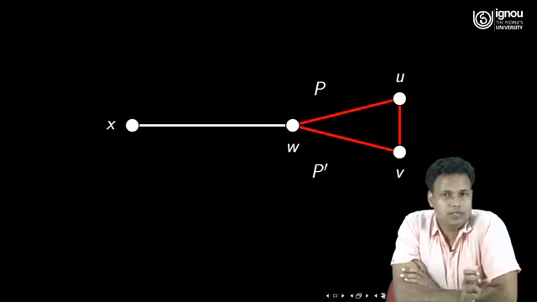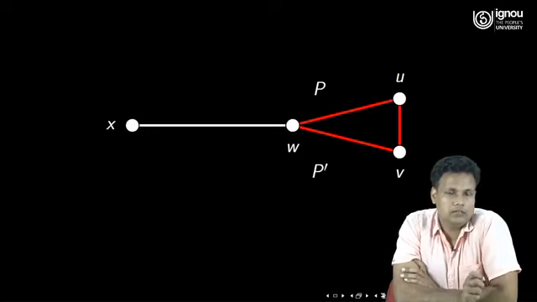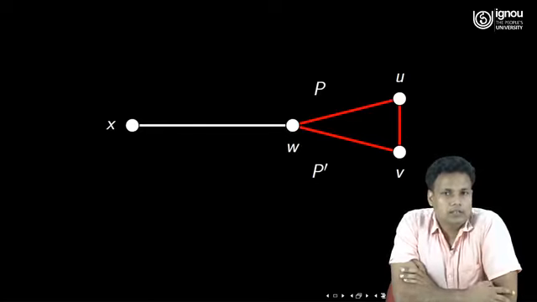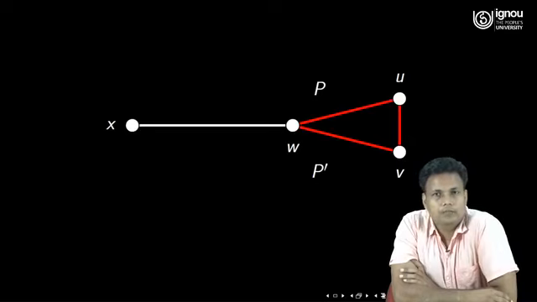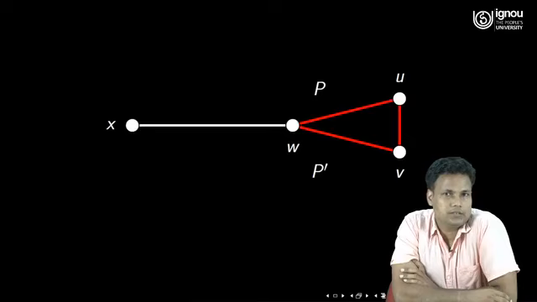So either both have odd length or both have even length, hence their union would have even length, and now this union along with the edge UV makes an odd cycle, which is again a contradiction.